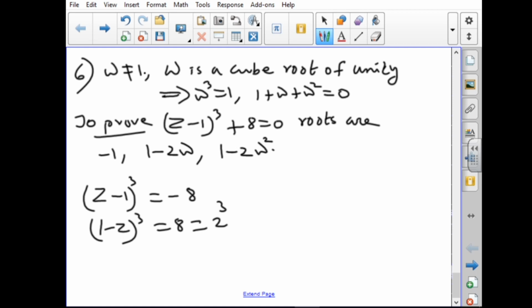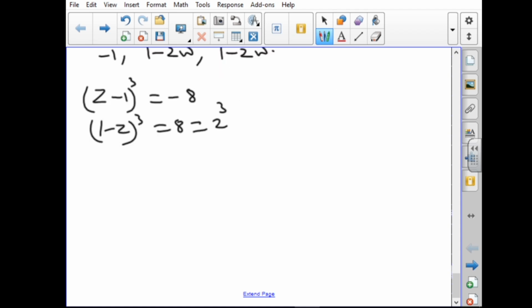So now 1 minus z is equal to 2 cube power 1 by 3, so it is equal to 2. So now it is asked to find the 3 roots. So what are the 3 roots?